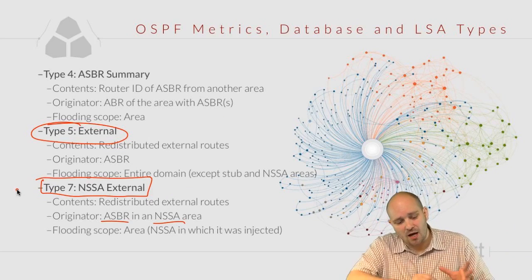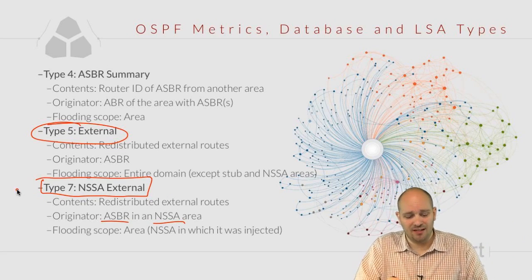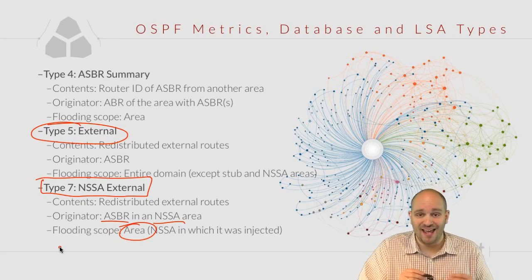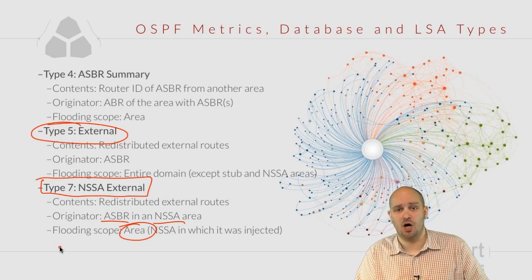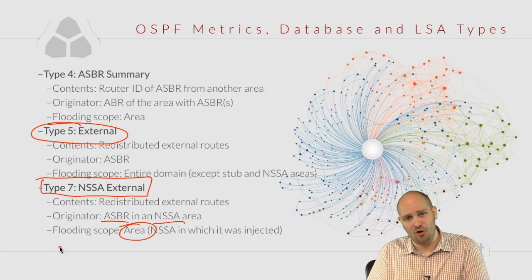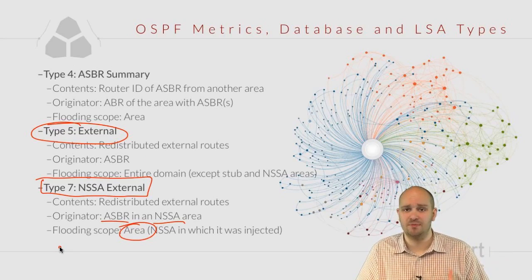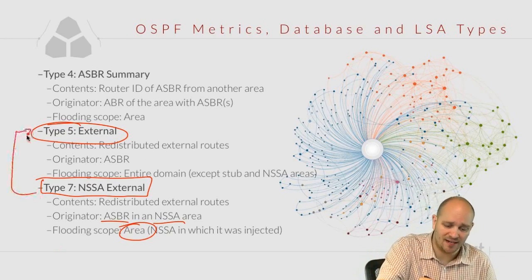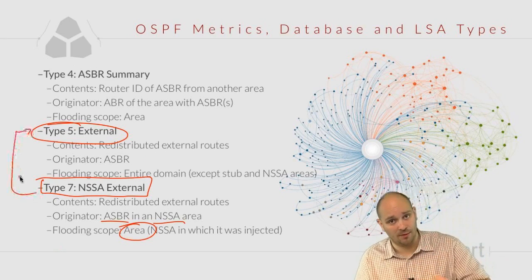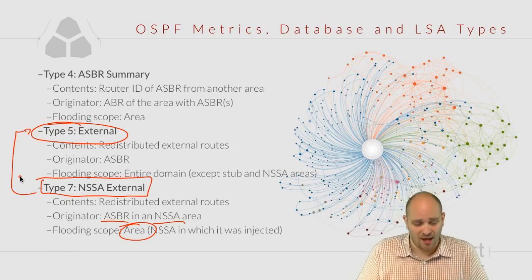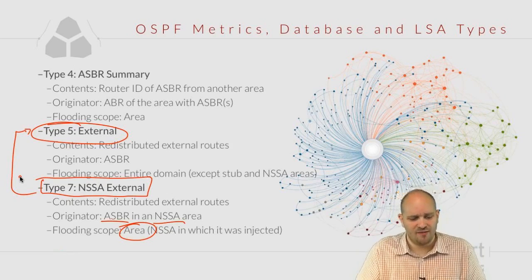So when they are sent throughout the network with the flooding scope of an area, one of the ABRs that sits between the NSSA area and the rest of the network will actually translate this type 7 into a type 5 LSA. And again, I will talk about this when I talk about the inter-area operations in OSPF.